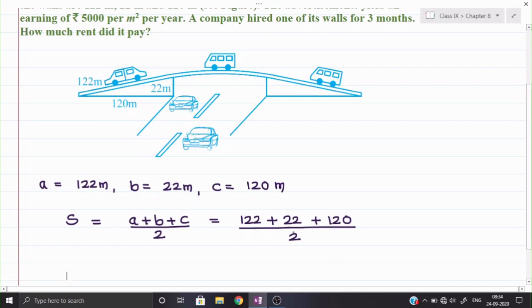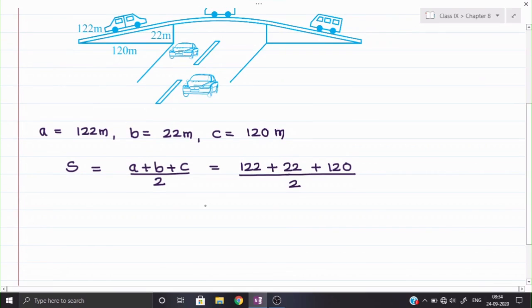Now 122 plus 22 is 144, and 144 plus 120 is 264, upon 2. Let us check: 0 plus 2 plus 2 is 4, 2 plus 2 is 4, plus 2 is 6, and 1 plus 1 is 2, correct. If I divide it, this will remain as 132. So the semi-perimeter value is 132 meter.